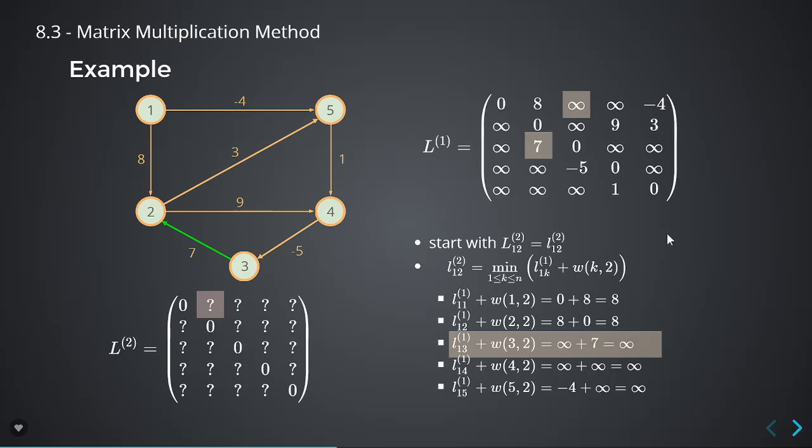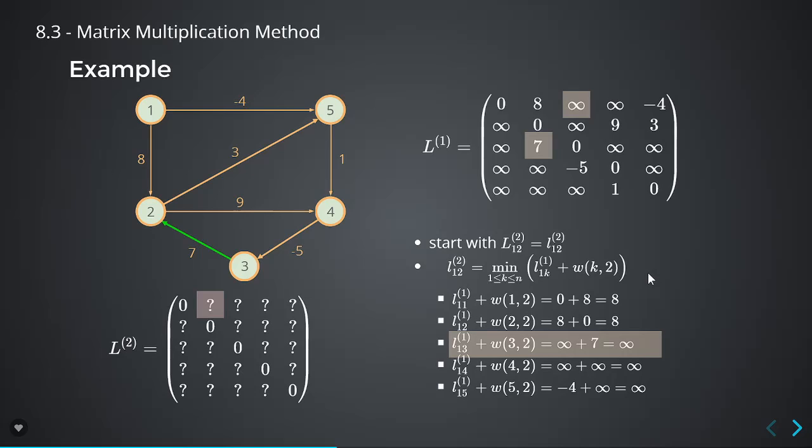I'm going to see if I can go from 1 to 3 in just one edge, right? And that is the value here. The answer is I can't, because infinity. And then look at the edge between 3 and 2, which is 7. So infinity plus 7 is going to be infinity. So nope. So basically what I'm doing here is I'm testing 2 different edges, right? And I'm looking at all possible combinations of going from 1 to 2 using 2 different edges. So I try 1, 1, 2.